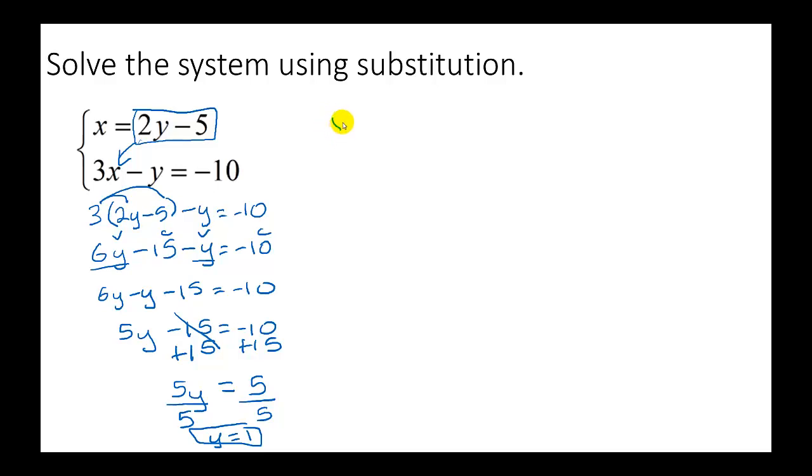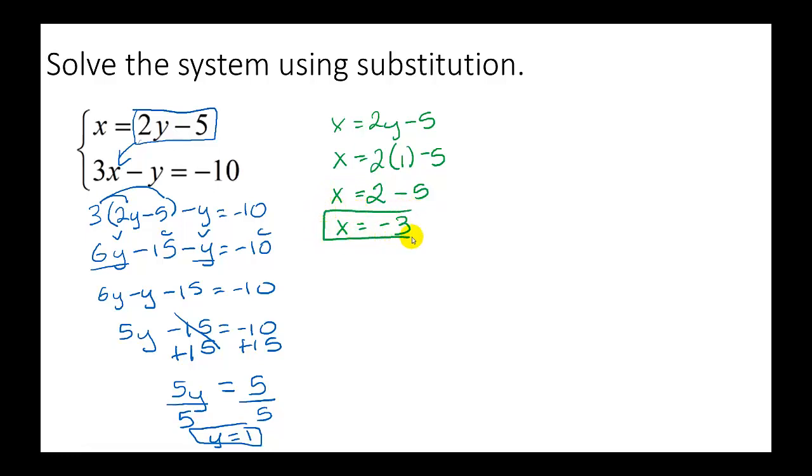So if I said x is equal to 2y minus 5, well, y is 1, so x is equal to 2 times 1 minus 5. 2 times 1 is 2, minus 5, this is equal to x, so x is equal to negative 3. This means the solution, the point where the lines intersect, is negative 3, 1.